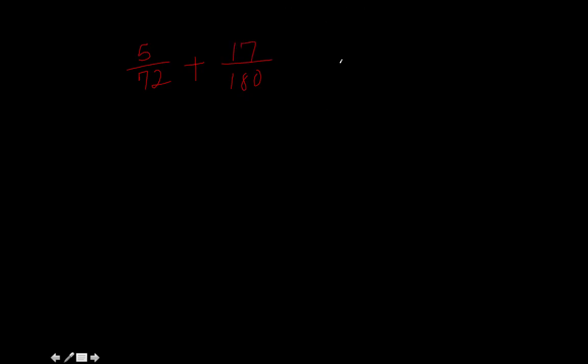Let's say I wanted to add this. Okay, so 72 is 2 times 36. I'm going to branch a little this way because I know the other one's going to have to branch quite a bit as well. 36, you might go ahead and do 6 times 6 since it's a square and you're used to it. 2, 3, 2, 3.